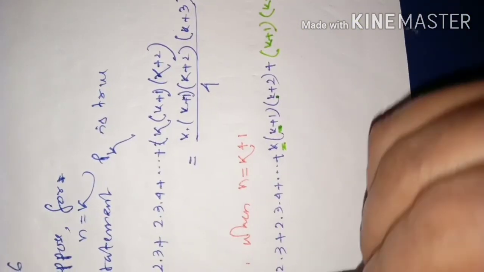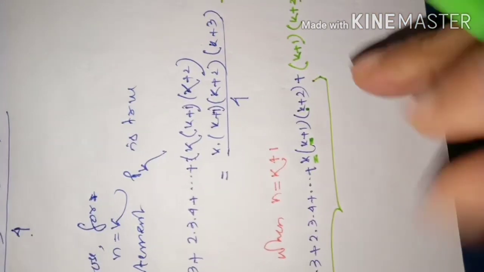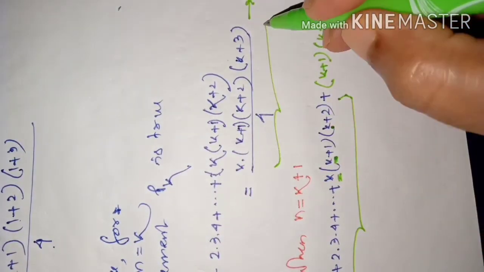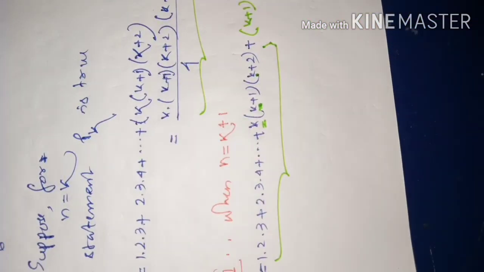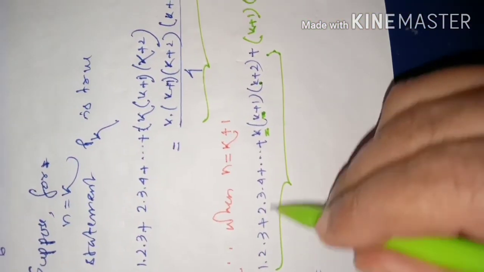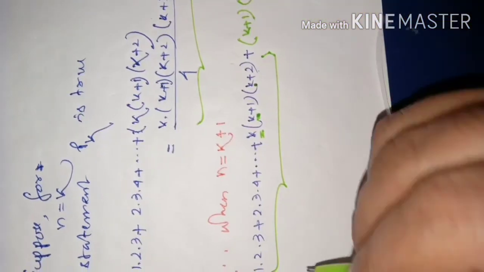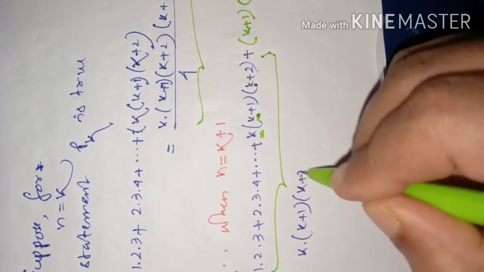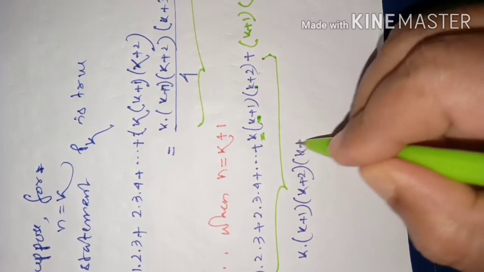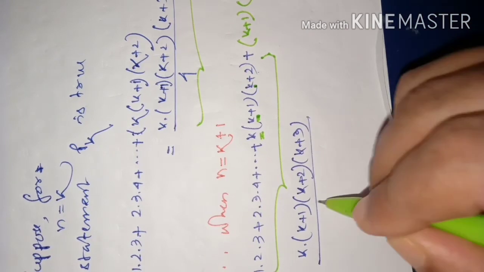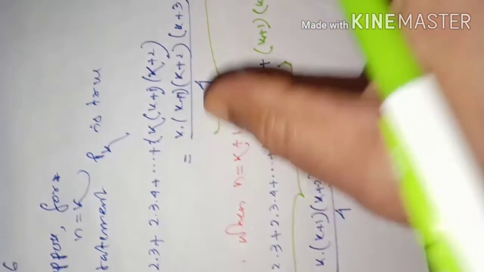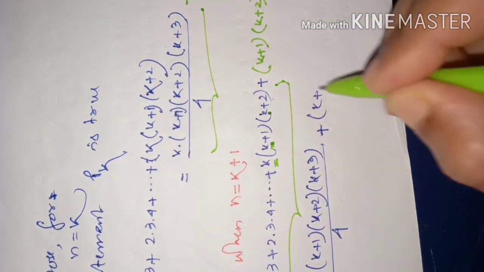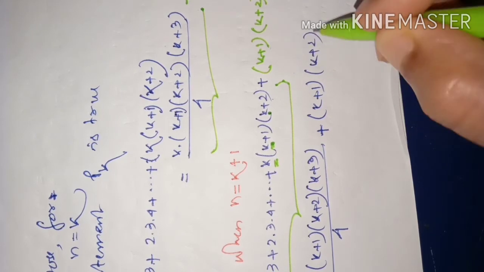But you know that up to here we have already taken this sum as equal to this one. So 1 into 2 into 3 up to here, this sum you can write as k into k plus 1 into k plus 2 into k plus 3 divided by 4, plus these 3 terms: k plus 1, k plus 2, k plus 3.